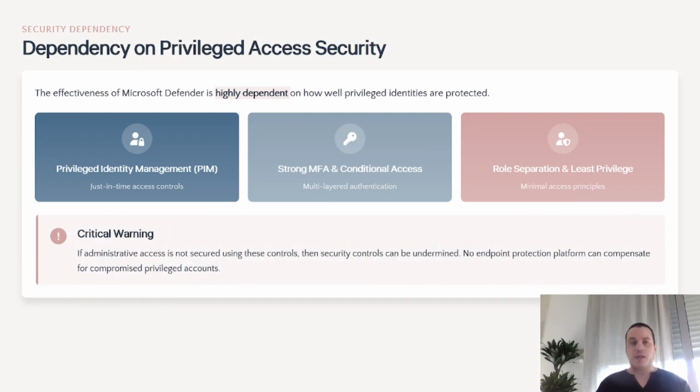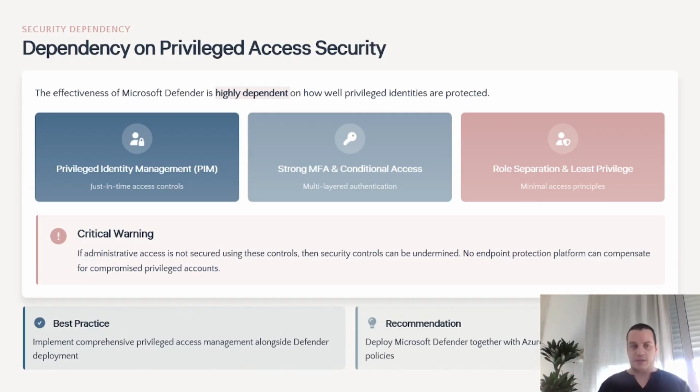Critical warning: if administrator access is not secured using these controls, then security controls can be undermined. No endpoint protection platform can compensate for a compromised privileged account. So the most important part, we need to protect our high-privileged accounts. If the domain admin or a global admin got compromised, the hacker can do whatever he wants with your environment.